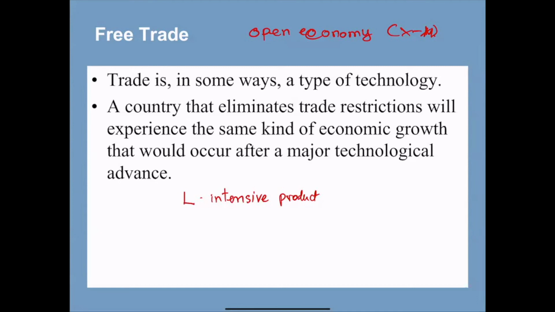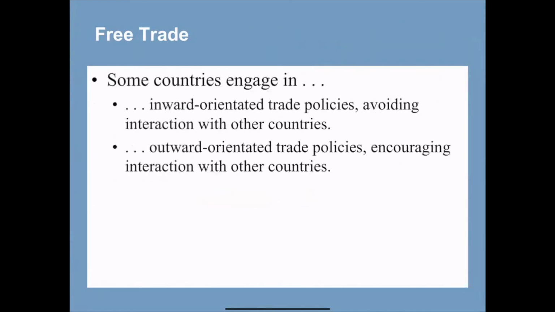So in this case, trade in some way is a type of technology transfer. And if we promote free trade, try to reduce tariffs, reduce non-tariff barriers, the volume of trade would be higher, okay? So in this case, trade can promote the economy.